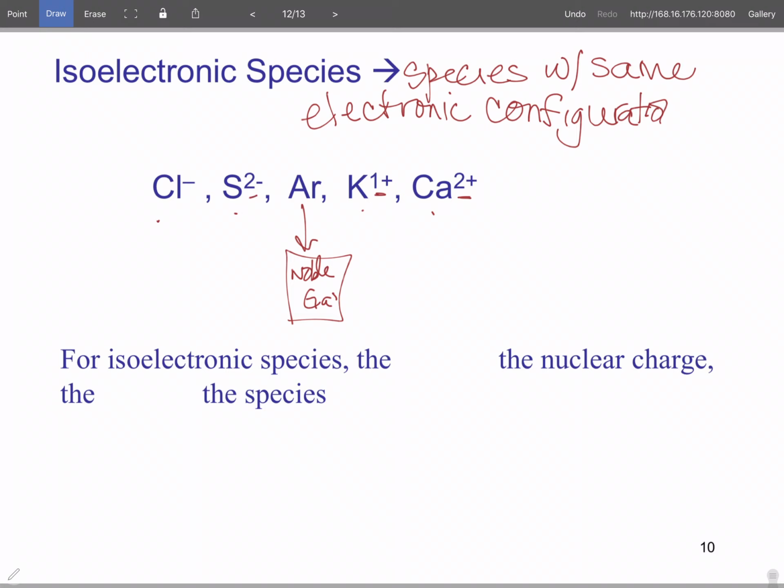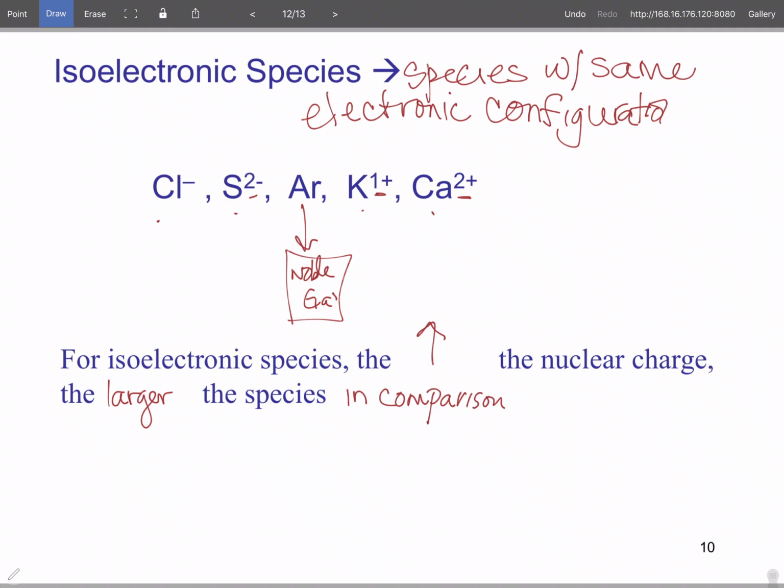Okay, so for the isoelectronic species, the greater the nuclear charge, the larger the species is in comparison. We're going to go through what happens when you gain and lose electrons.